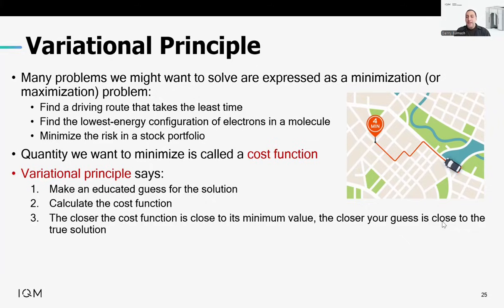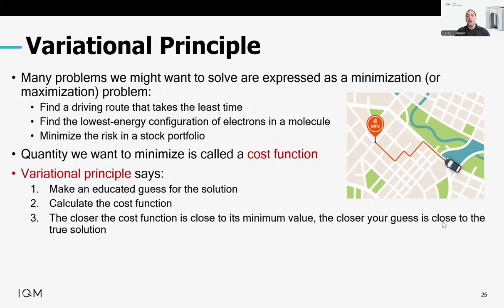So there's this magical thing called the variational principle. And it says that if you make an educated guess for the solution to the problem, so let's just pick a driving route and figure out how long it's going to take to drive on that route. We're going to make an educated guess for the solution. We're going to pick that route. We calculate the cost function.